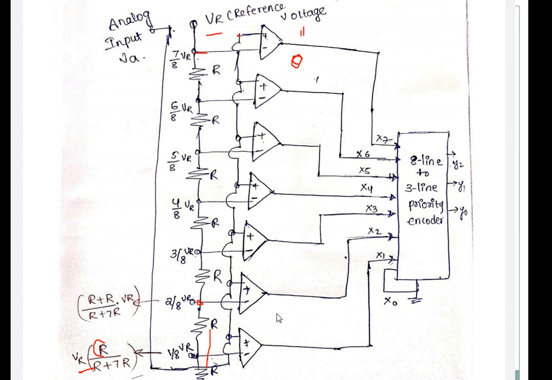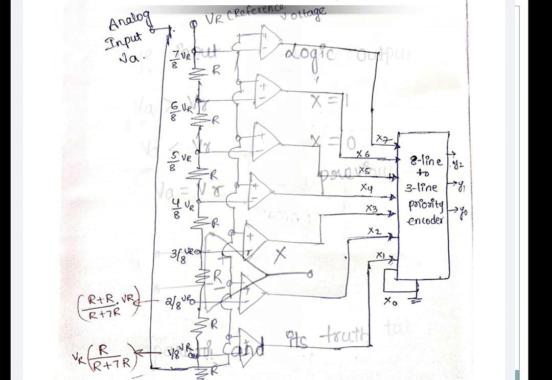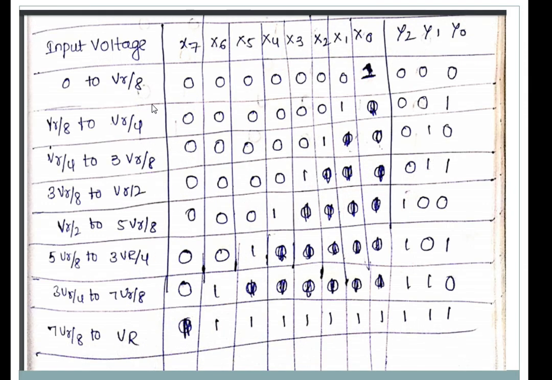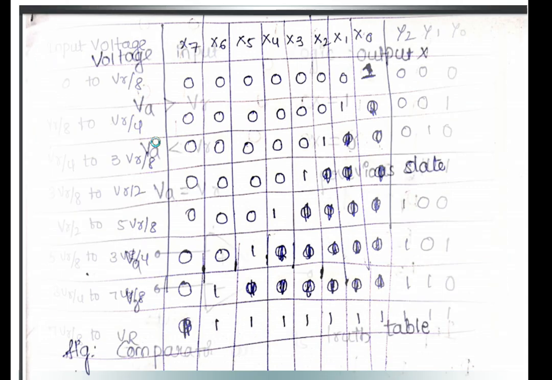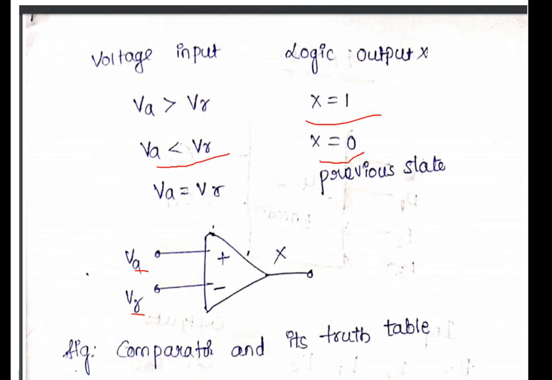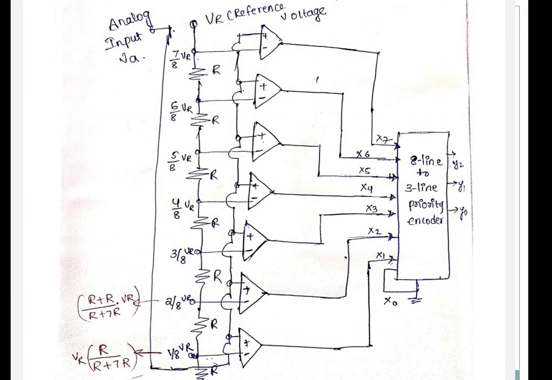In the second case, for this comparator the inverting terminal voltage is VR by 8, and the non-inverting terminal voltage is in between VR by 8 to VR by 4. That means the non-inverting terminal voltage is greater, because here we are selecting VR by 4.